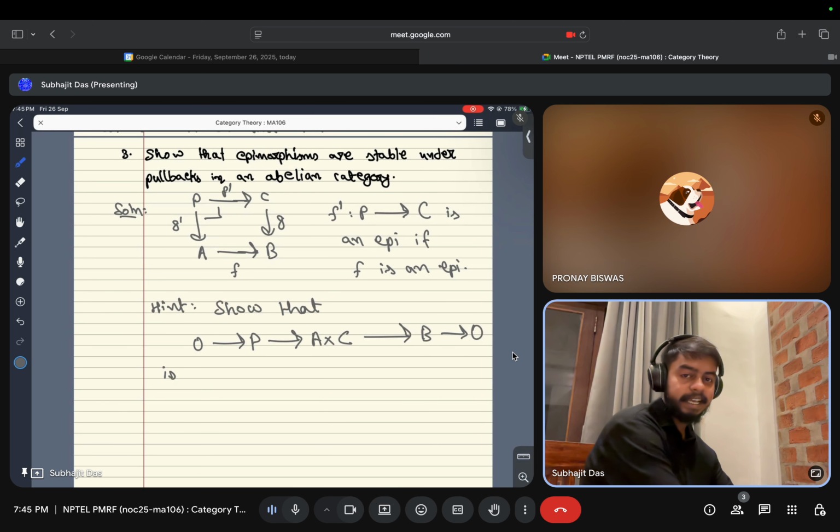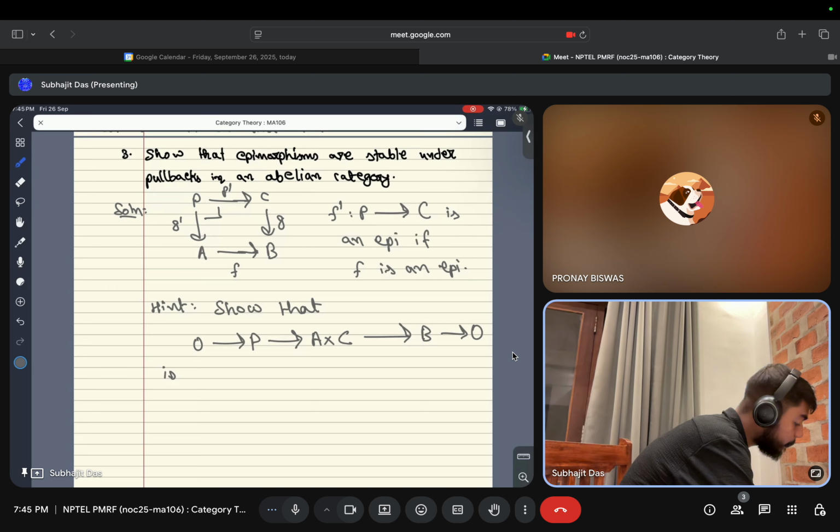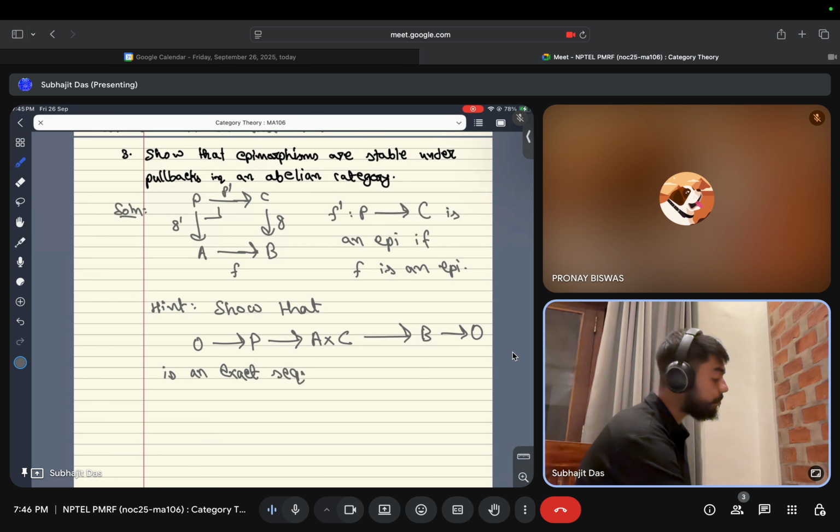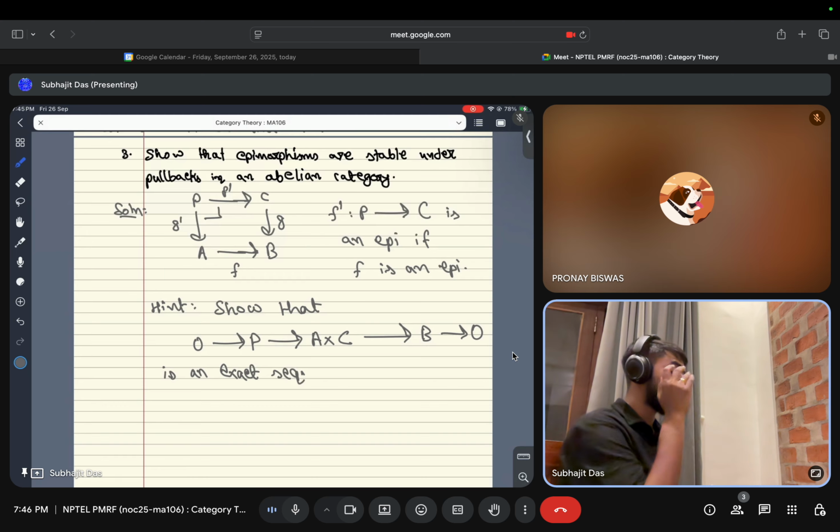This is actually a standard technique. For P to A cross C we already have a map, which is F prime comma G prime, the map induced by the pair F prime, G prime.